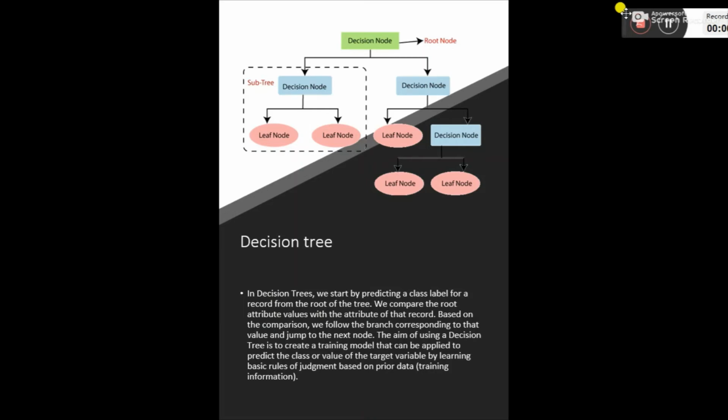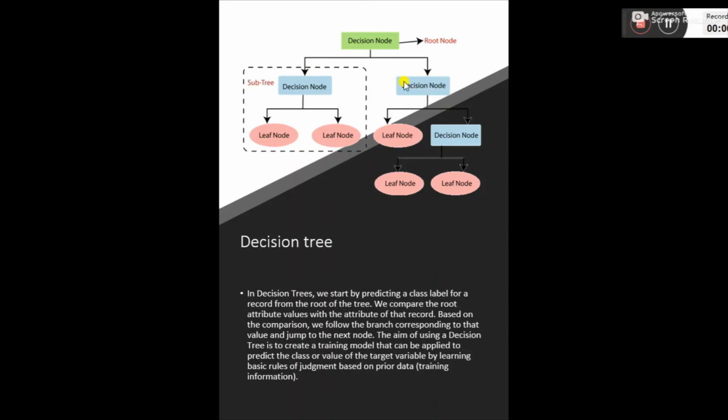First of all, decision tree. In decision tree, we start by predicting a class label for the record from the root of the tree. We compare the root attribute values with the attribute of that record. Based on the comparison, we follow the branch corresponding to that value and jump to the next node. Suppose from the decision tree we can go to a decision node and another decision node.